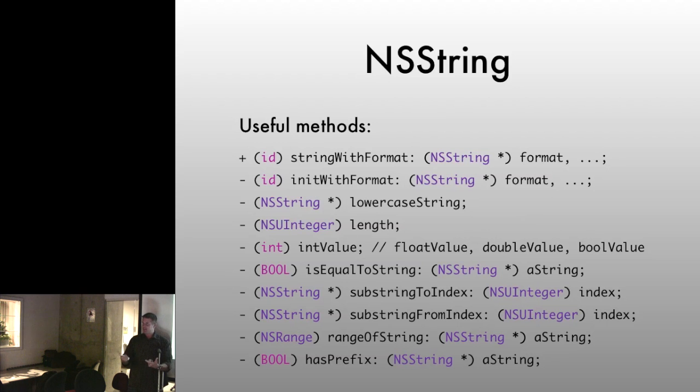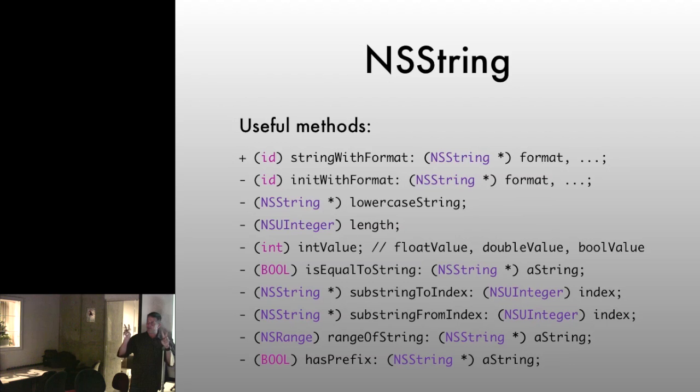So, length is an obvious one. Gives you an integer back, the length of the string. intValue, floatValue, doubleValue, and boolValue are really handy convenience methods that are a lot like itoa and atof from C that give you back an actual native value from a string.